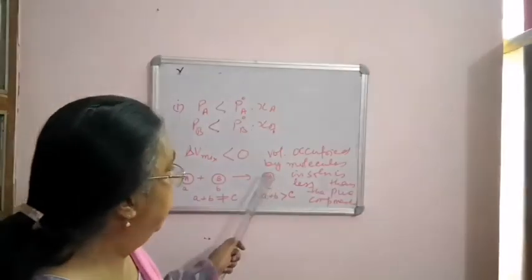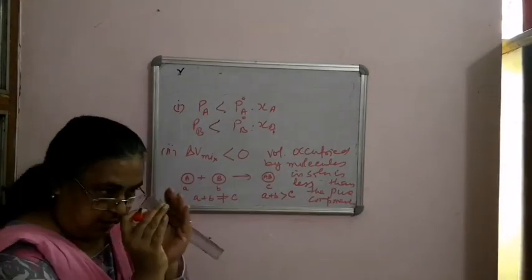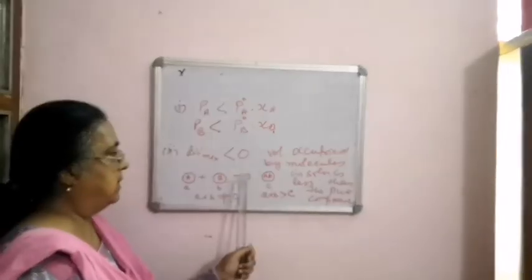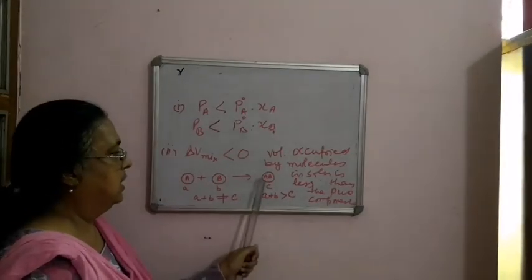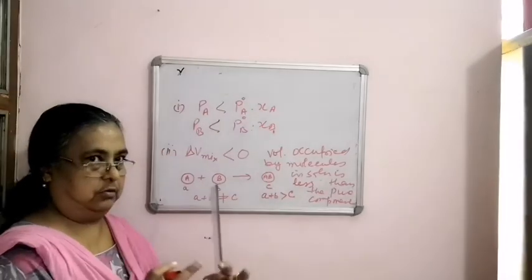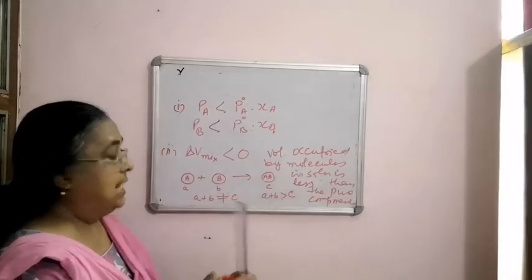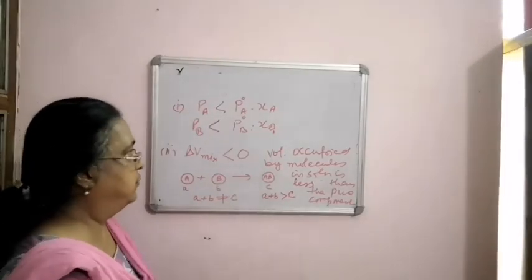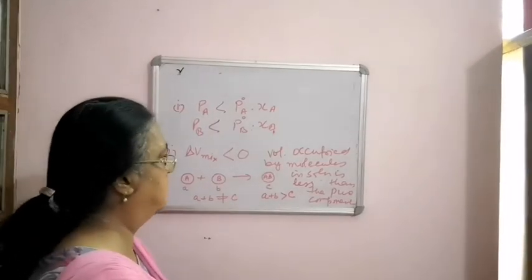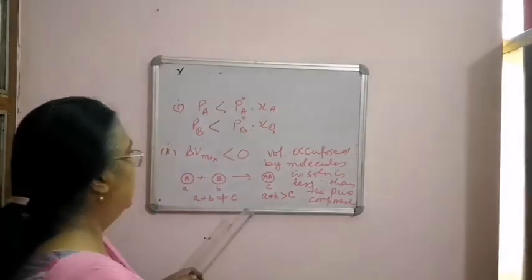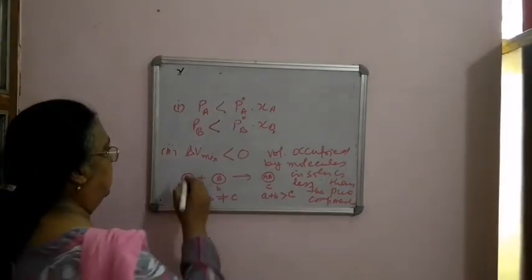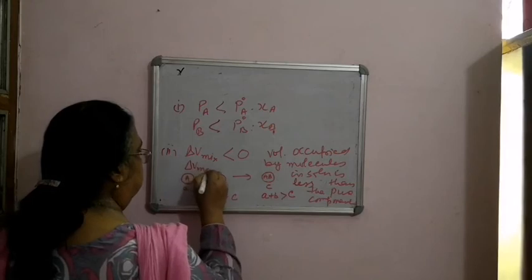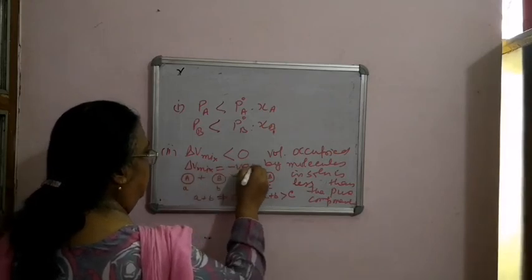If they are occupying less space, they are very compact, very close. When close, the interaction forces are stronger, as we have seen in the previous case. So in that case, delta V mixing will be negative.